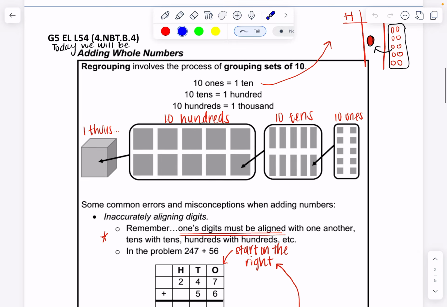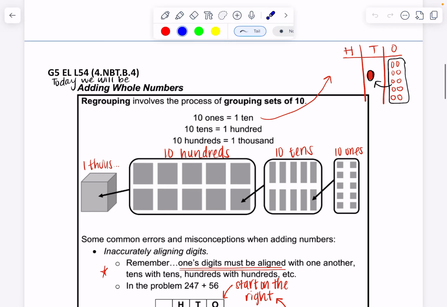So the first part of this lesson touches on how to regroup. It lets you know that 10 ones translates into 1 ten, and I like to think about this as dollar bills, although in today's society students don't typically carry around cash. Some students have that foundational understanding of how money works, right?